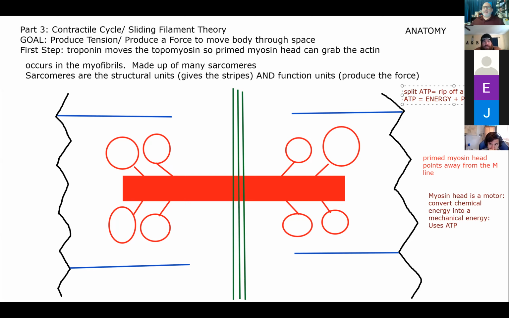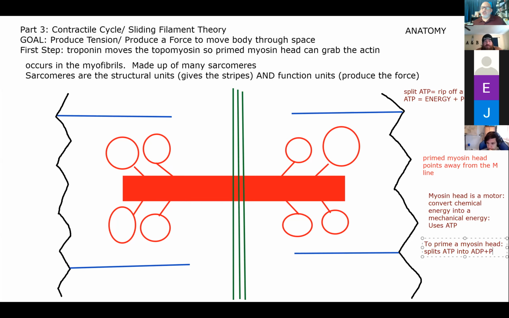And so that's what a myosin head does. To prime a myosin head, it splits the ATP into ADP and phosphate.